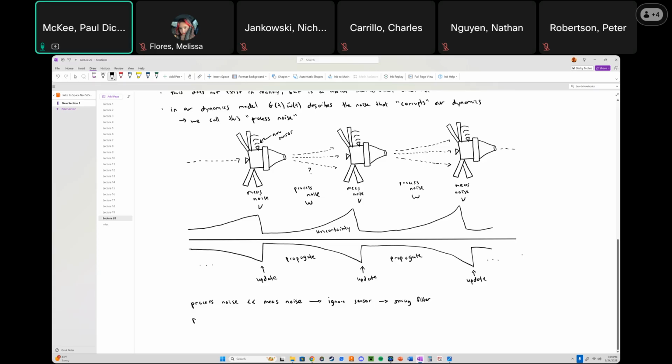However, if your process noise, if your uncertainty in your dynamics is much, much larger than your measurement noise, then you would have no reason to trust your model. You would ignore your dynamics. And then you just would have a measurement pass-through situation where you say, okay, whatever new measurement comes in, I guess you're right.